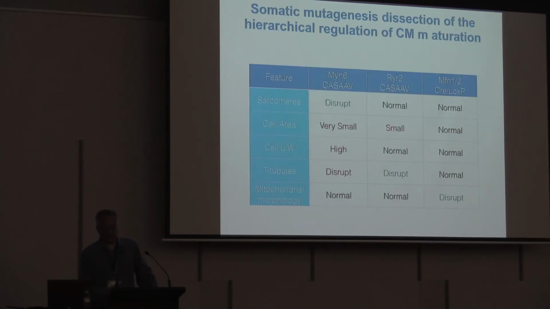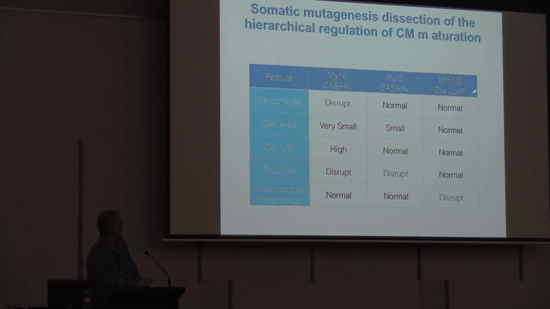I'll skip the raw data and show you the conclusions in this table. If you knock out sarcomeres by knocking out MYH6, you get very small cells that have a high length-to-width ratio and disrupted T-tubules. If you knock out T-tubules directly by knocking out RYR2, you get very small cell area and, of course, disrupted T-tubules, but the sarcomeres and the mitochondria are normal.